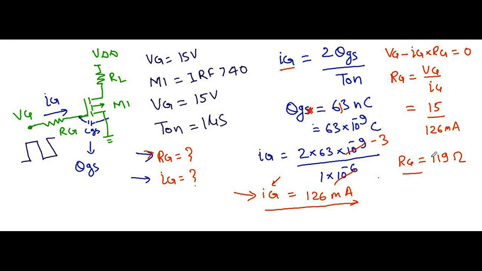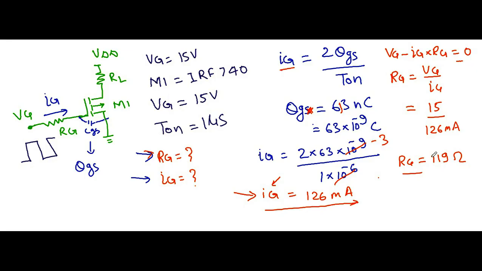Okay, now your next thing is to calculate the RG value, and in order to calculate it, you have to apply KVL on the gate loop of the MOSFET. So VG, the gate voltage, minus IG times RG, the gate resistance, equals 0, and with this equation you can calculate the RG value.